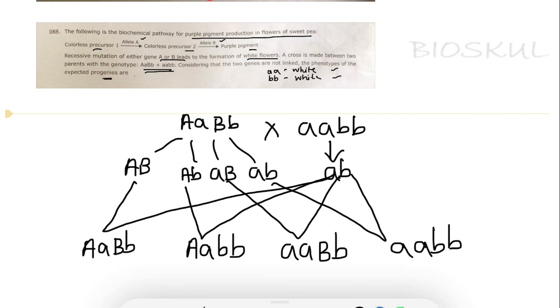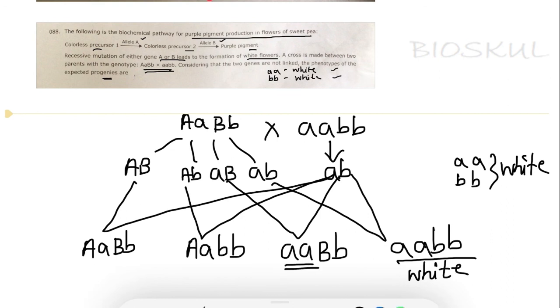In the question it is mentioned that recessive mutation of either gene A or gene B will form white color flowers, right? So here look, both A and B are mutated, that means it will lead to white color flowers. Here A is mutated, and if either of them is mutated, then that will be white color flowers, so this one will be white.